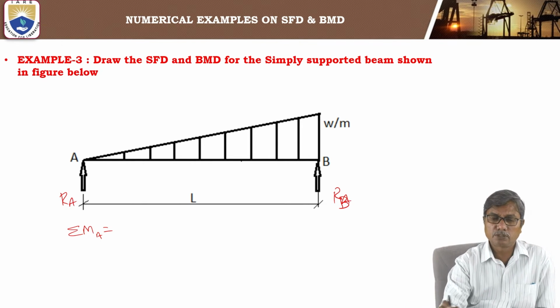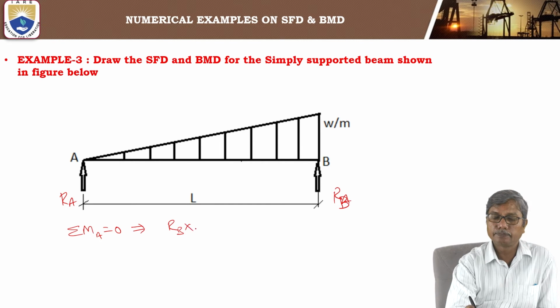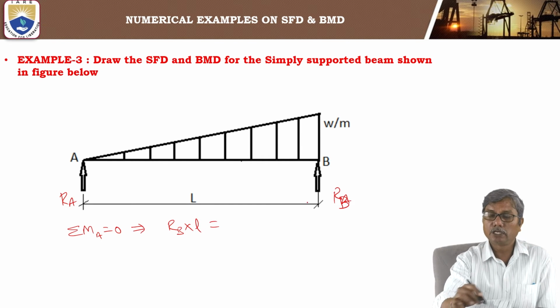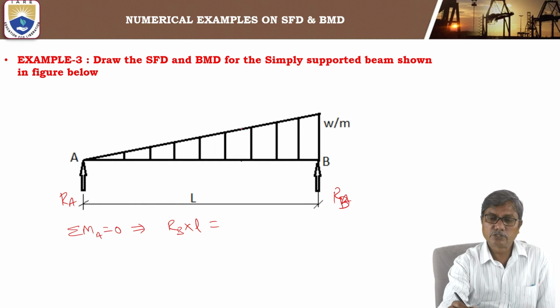Sigma MA equal to 0. So what does this imply? RB into L, that is the anticlockwise moment, is equal to the clockwise moment due to the uniformly varying load. This is a straight line variation, so it is uniformly varying.